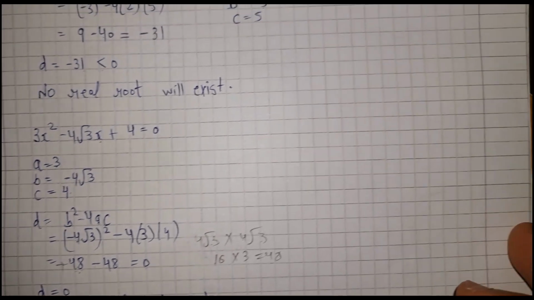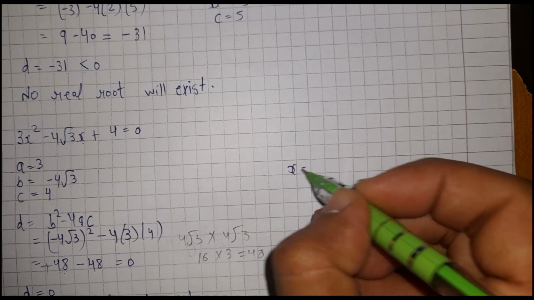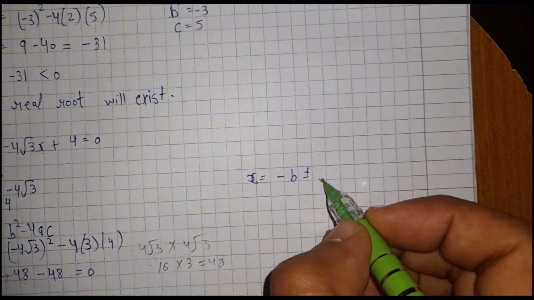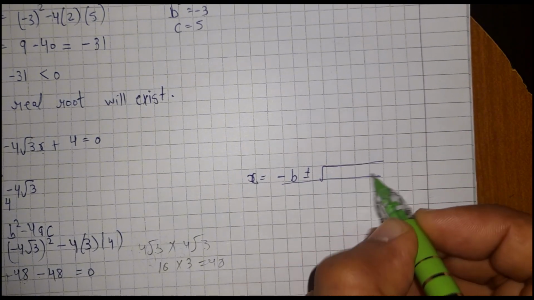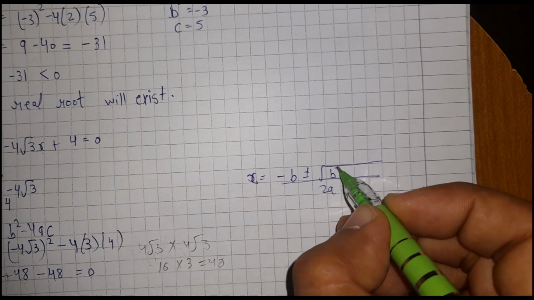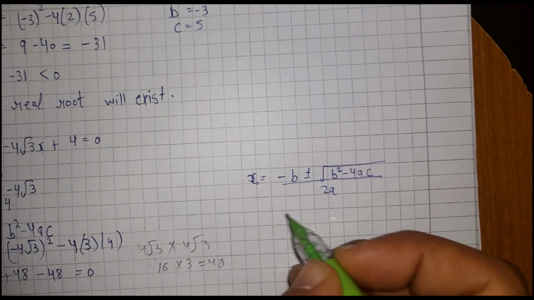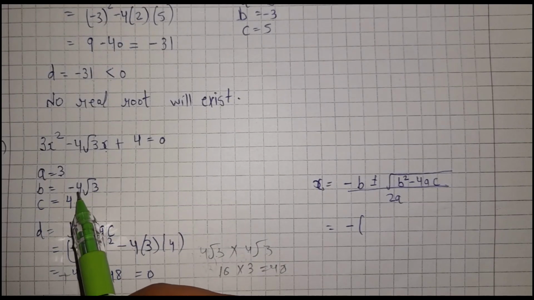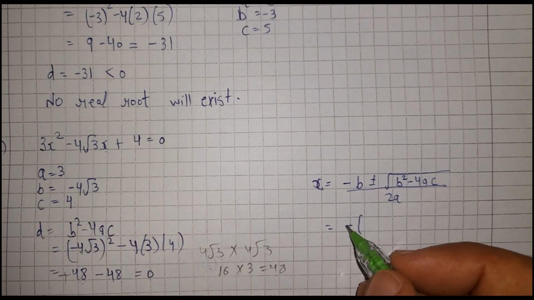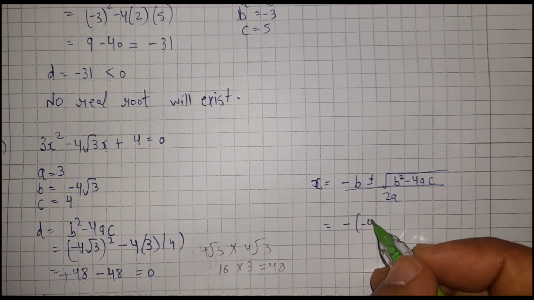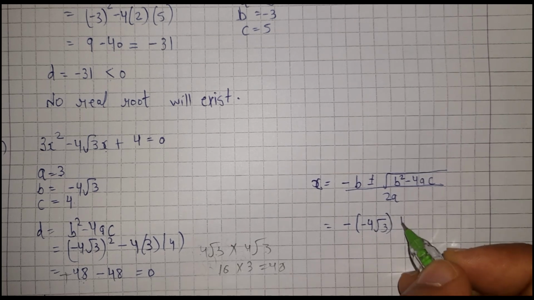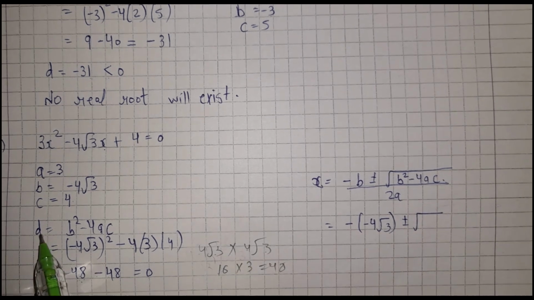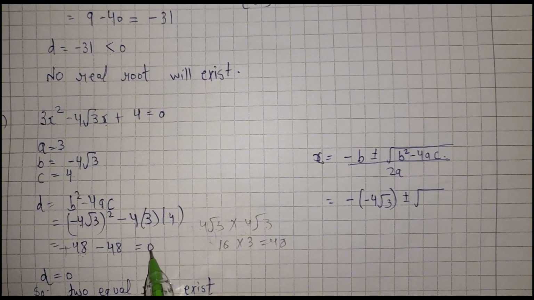Now to find the value of x, we will use the quadratic formula, that is x = (-b ± √D) / 2a, where D = b² - 4ac. Here b = -4√3, so -b = +4√3, and b² - 4ac = 0.